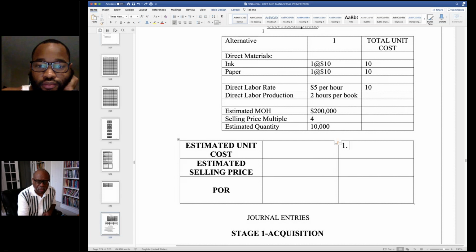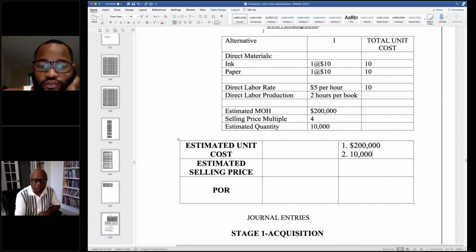The total overhead. And that's going to be what? 200,000. What's on the second line? The total quantity. 10,000. So how many are we supposed to be making? 10,000. Now this is on the template.